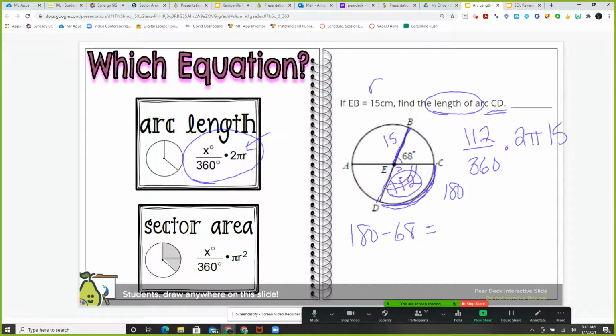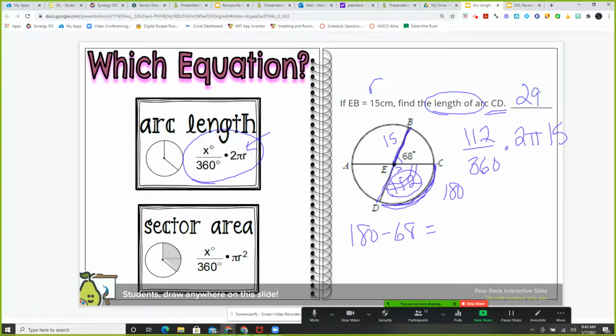And then what do we get for the length of that arc? 29.